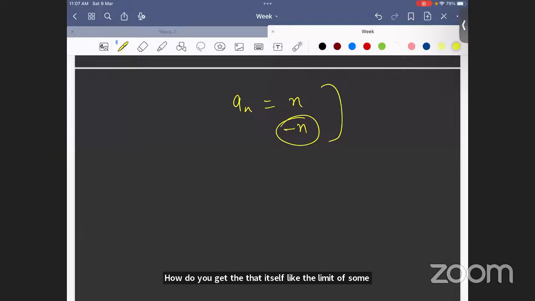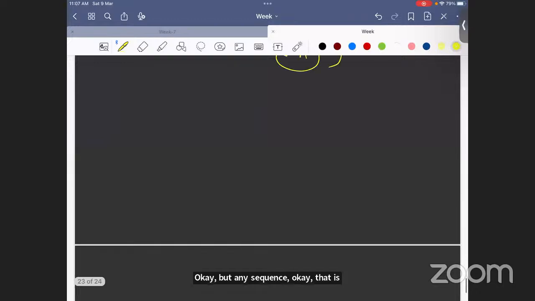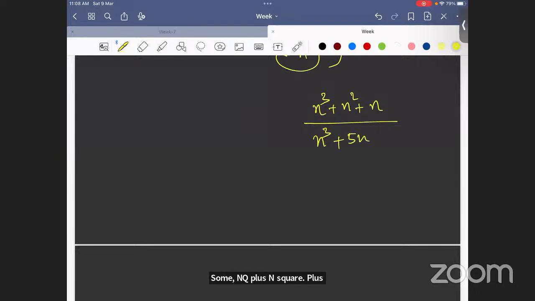See, I'll tell you. To calculate the limit, till now we were just dealing with sequences. For any sequence, for example, you have a sequence somewhat like (n cube plus n square plus n) upon (n cube plus 5n).